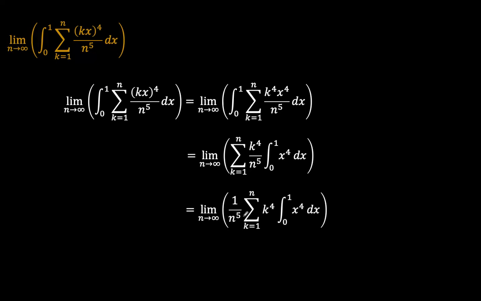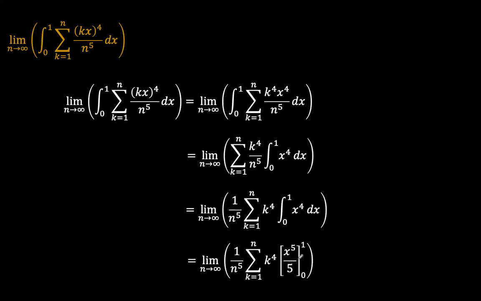So we have 1 over n to the power 5, the summation from k equals 1 to n of k to the power 4, times the integral from x equals 0 to x equals 1 of x to the power 4. Now, the integral there is simple. What we get is a fifth x to the power 5, with limits 0 and 1.